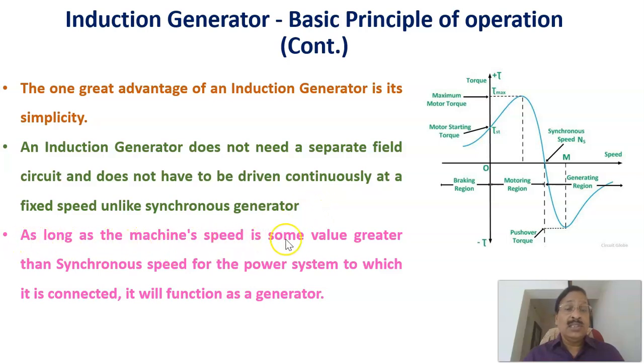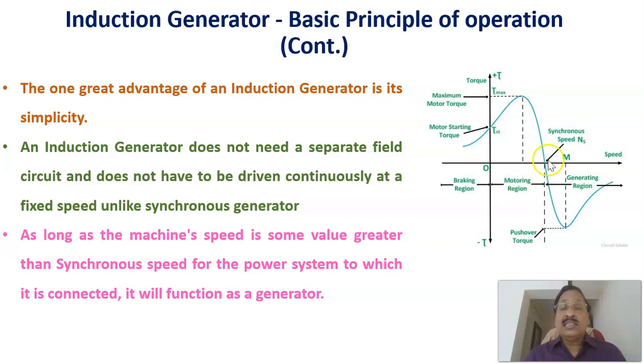As long as the machine speed is some value greater than the synchronous speed for the power system to which it is connected, it will function as a generator. Normally the synchronous speed is given by ns equal to 120 f divided by p, where f is the frequency and p is the number of poles.